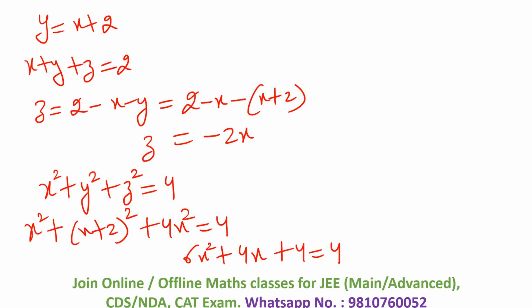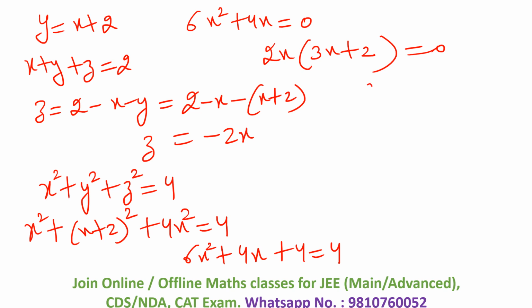That means we get 6x square plus 4x equal to 0. So we take 2x common. Inside the bracket we get 3x plus 2 equal to 0, or from here we get x equal to 0 and the other value of x is minus 2 by 3.